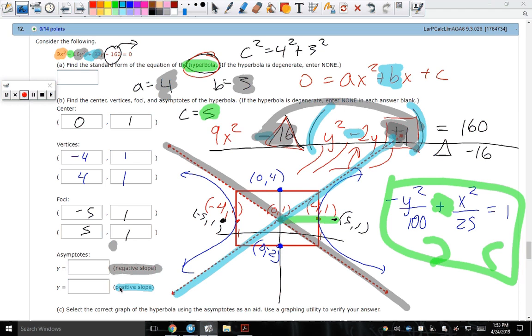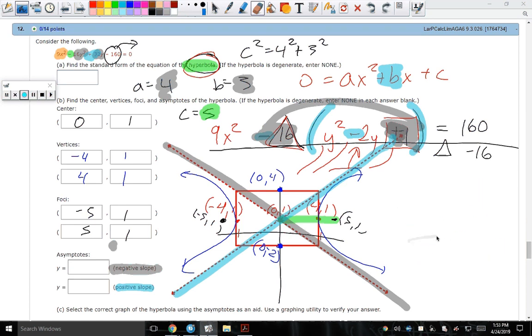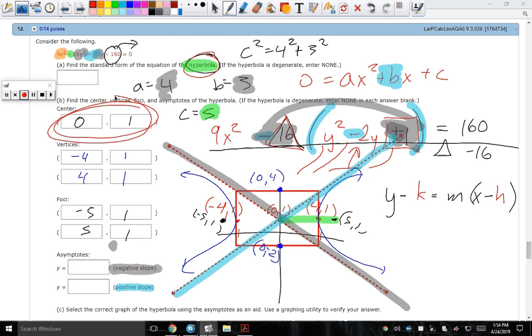And this is from Algebra 2 that we remember as the point slope formula, which is y minus y1 equals m times x minus x1. But in this unit, x1 and y1 are h and k because they come from here. My x value for the center is 0, and my y value from the center is 1.